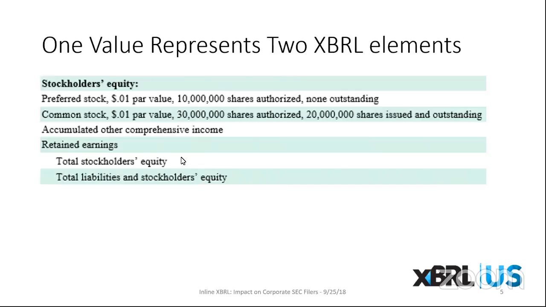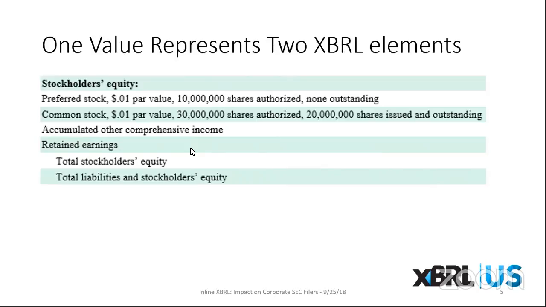So I'll leave that as such and go on to this slide that we have here, which has one additional aspect of hidden XBRL that needs to be brought up. And that occurs when a value is shown in the HTML, and that one value represents two separate XBRL concepts or two tagged items.